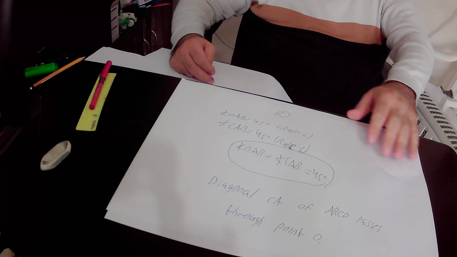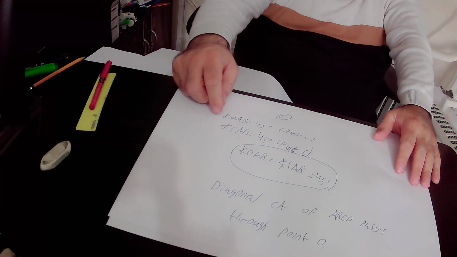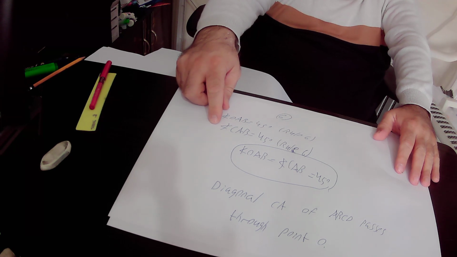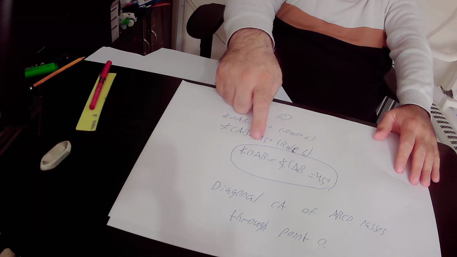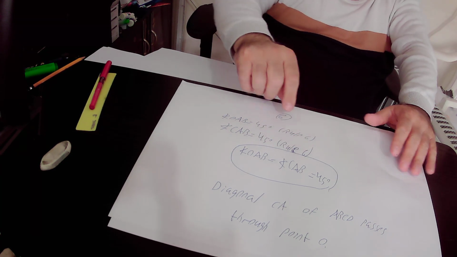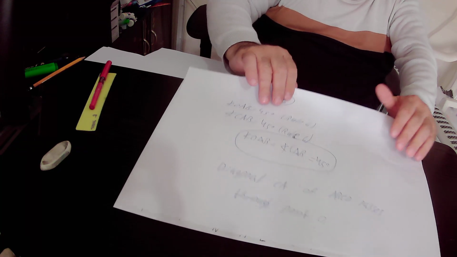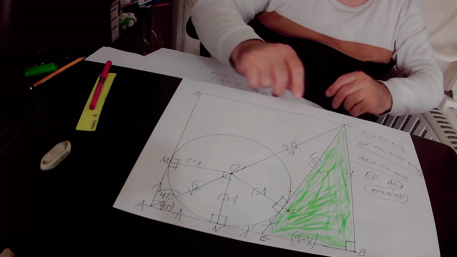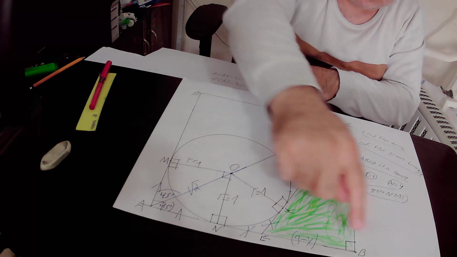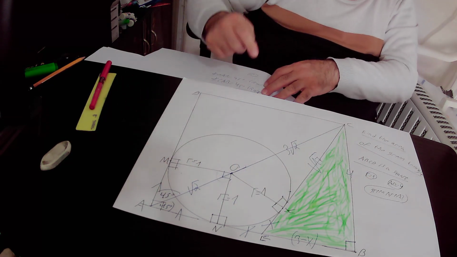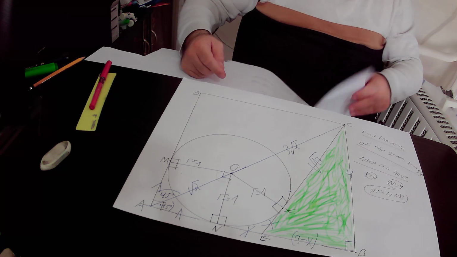So here we have those two angles equal to 45 degrees, therefore they are equal to each other. That is to say, angle OAB equals angle CAB, and they are both equal to 45 degrees.